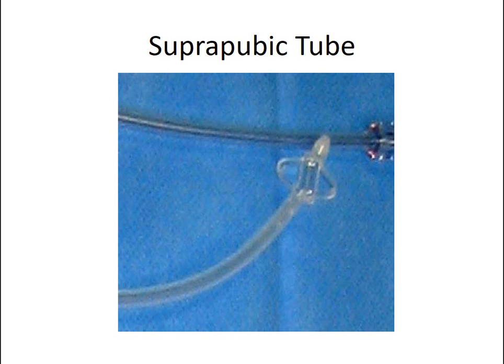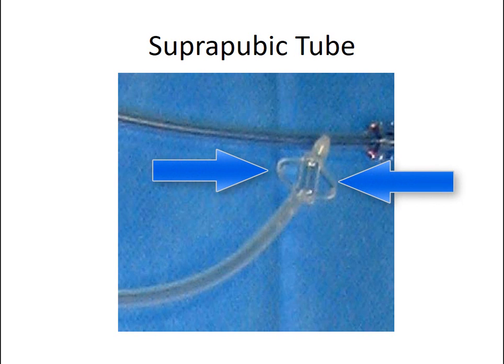The suprapubic tube gives us a larger lumen. These are often anchored in place at the time of the surgery to the bladder or to the abdominal wall. However, if you look at these little prongs that you see, they are quite flexible. So with pulling on this, they can get dislodged.